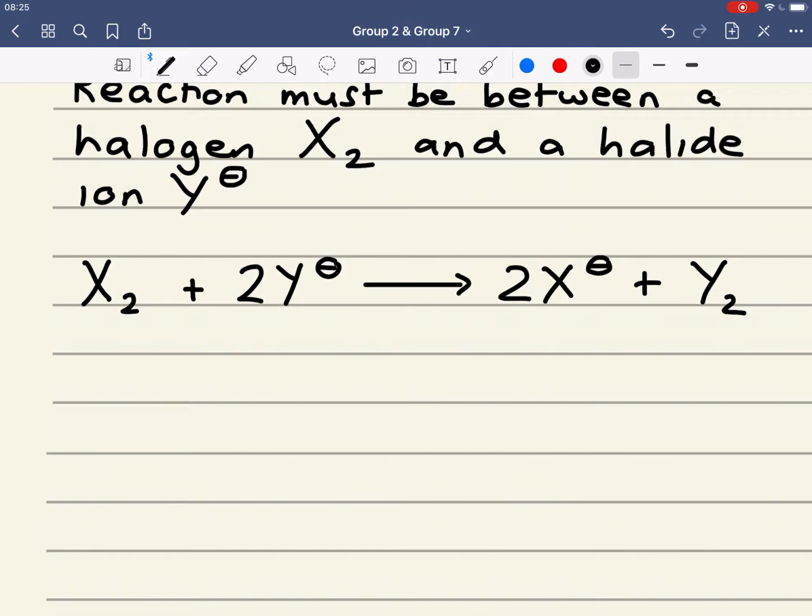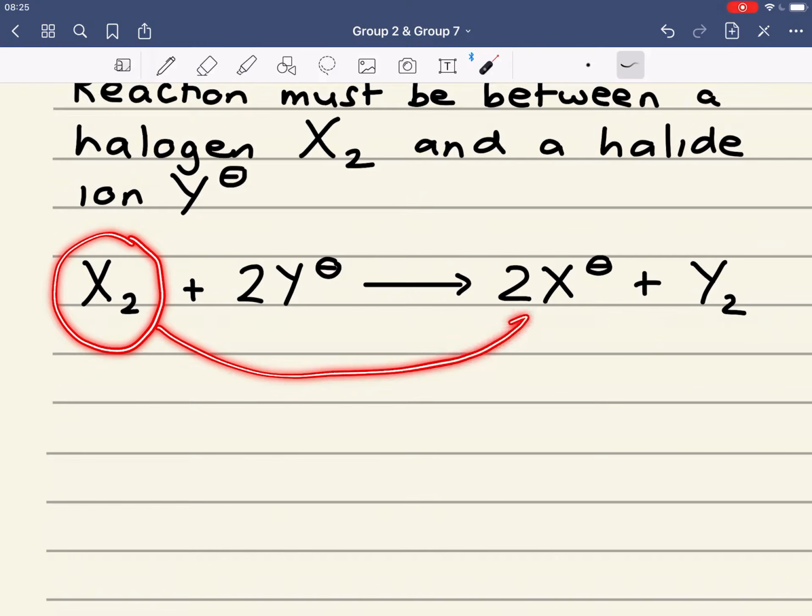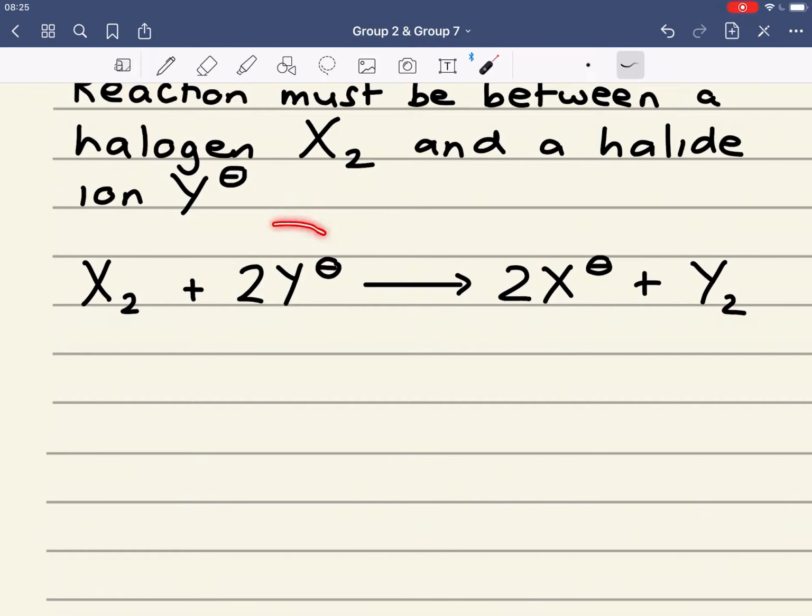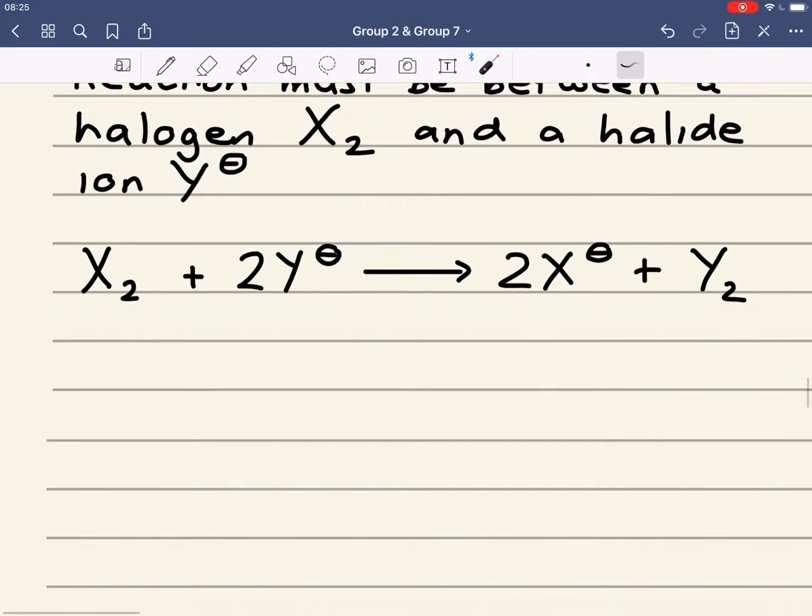So halogen X wants electrons. It wants to gain the electrons off halogen Y. And in doing so, X, if it does gain the electrons, becomes X minus ions. These halide ions, halogen Y loses its electrons to form Y2.